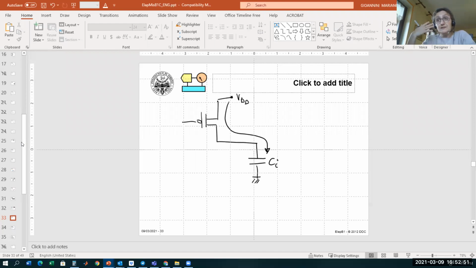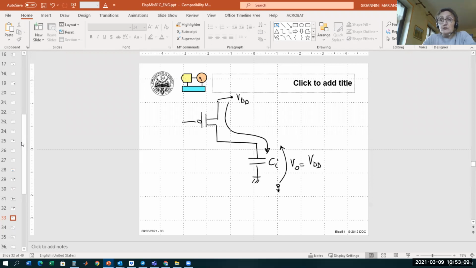When the transient is concluded, so at T infinite, this capacitor will be completely charged to the output voltage equal to VDD.